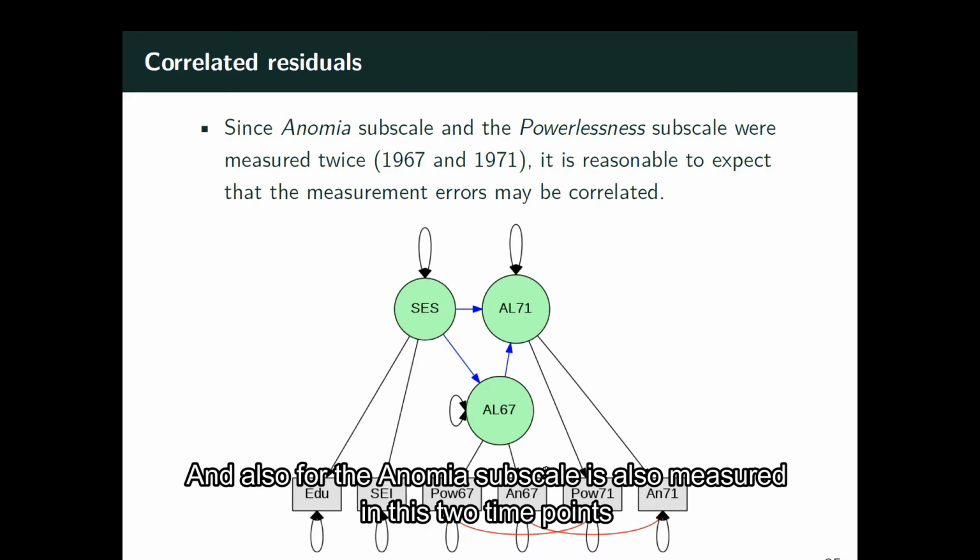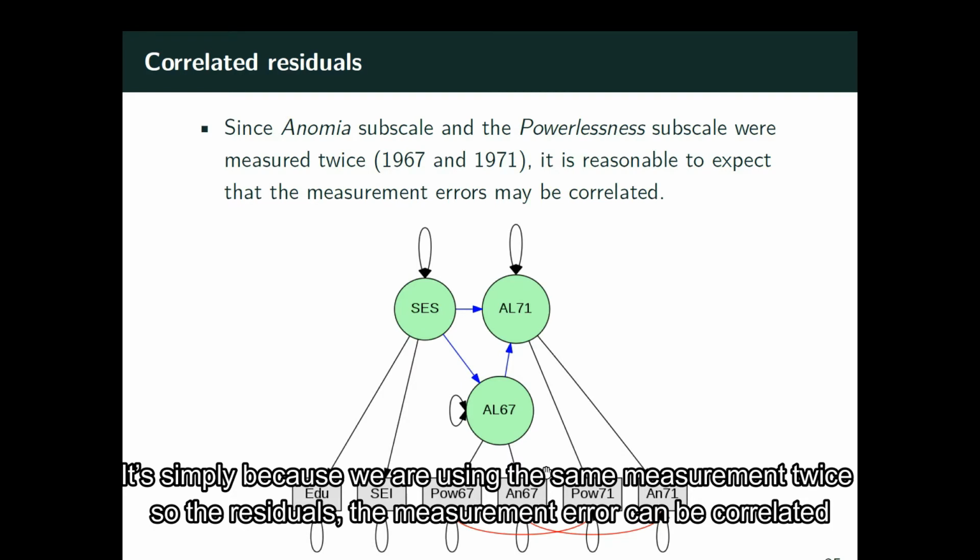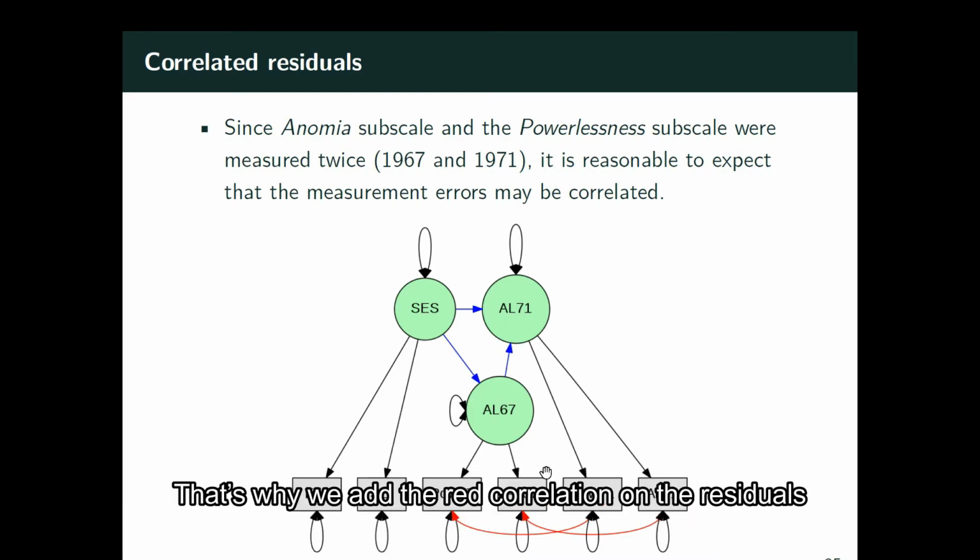And also, I think the normlessness subscale was also measured at these 2 time points. So when we fit the model, we expect these 2 residuals can be correlated. They are not related to the content. It's simply because we are using the same measure twice. So the residuals, the measurement errors, can be correlated. So that's why we add the red correlation on the residuals.